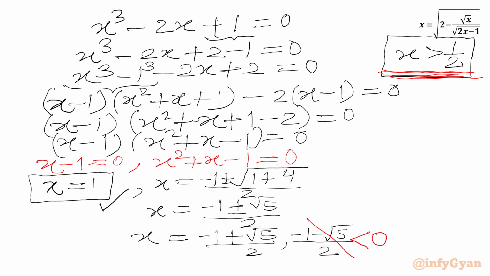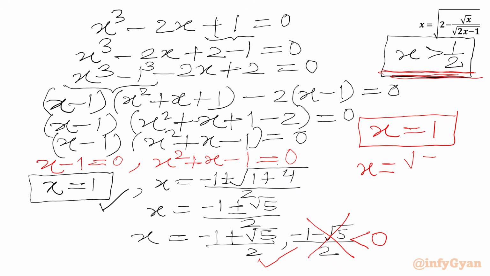So we can reject this solution and we can accept this one. 2.23 minus 1 is 1.23 over 2, which is 0.61, greater than half. So we have two real values of x which will satisfy our equation: x equal to 1 and x equal to square root 5 minus 1 over 2.